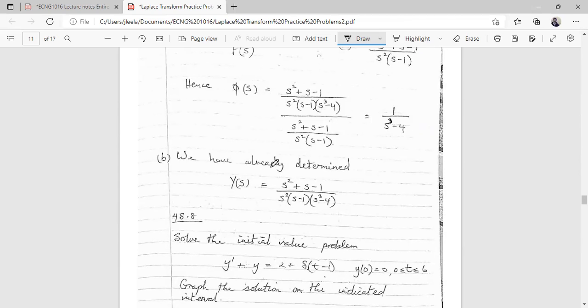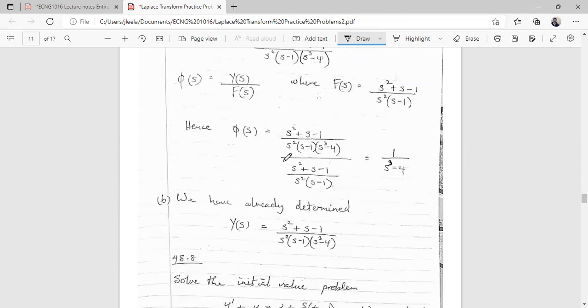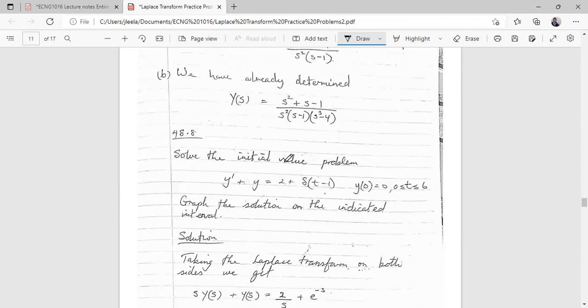So apparently I did part A, part B and part A, right? But I could have done it differently, where I could have just found F(s) and then rearranged the equation to find the transfer function, like we did in the previous example. And then now we would have had to do all the work in part B to find Y(s), right?